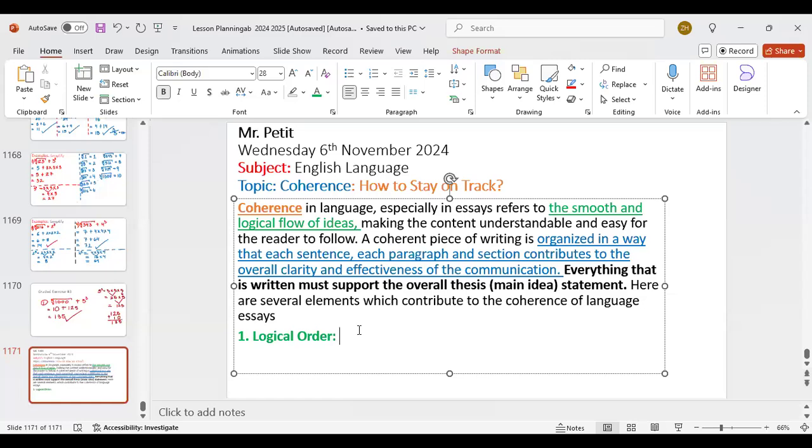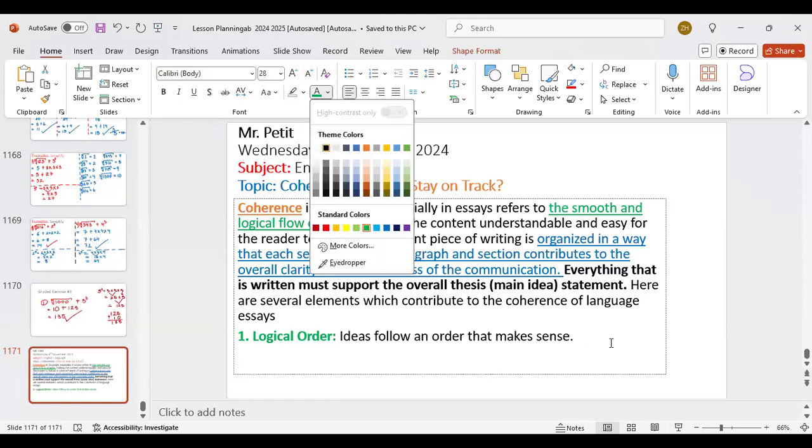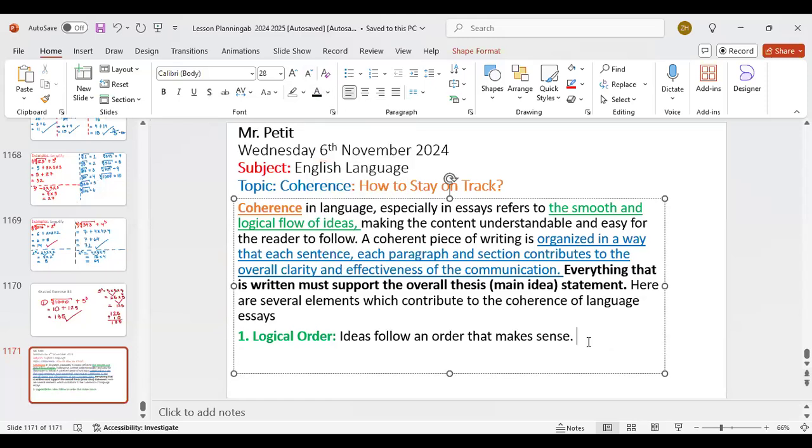But it has to be in some sort of order. So ideas follow an order, whatever order that is, that makes sense. An order that is not all over the place. People should be like, okay, I understand why you do that first, and I understand why you say that first, and I understand how to connect with that, right?